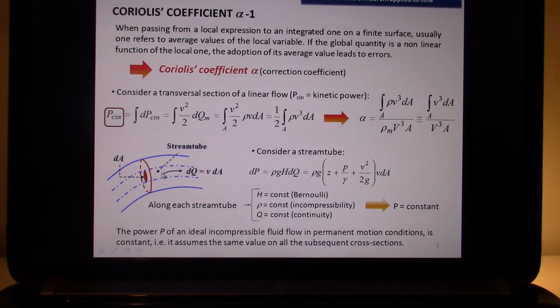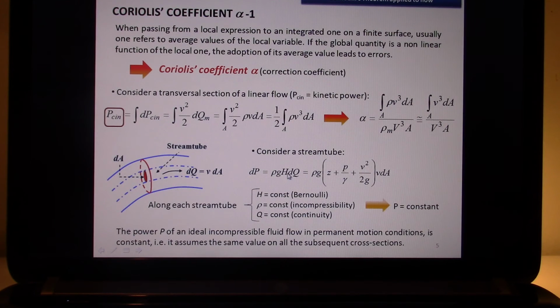Let's consider right now a stream tube. Basically we are considering a little tube inside your greater flow, and this stream tube is defined by an infinitesimal area and the velocity that crosses this area. Considering this stream tube, the infinitesimal power associated with your flow is given by rho g times h dq.